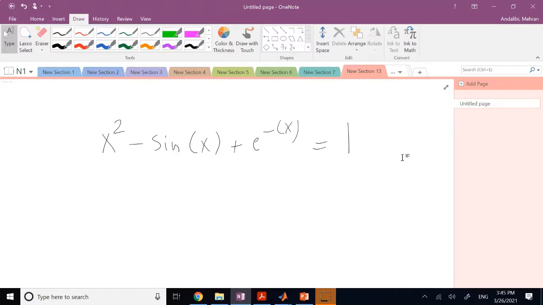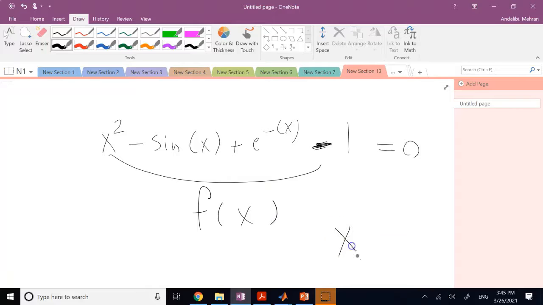It's root finding. In one of your homework, you did it, if you remember. What was it? It was about anonymous functions. It asks you to create an anonymous function. So set this equal to 0. Call this f of x. Start with some initial guess and see if it converges to one of the solutions.